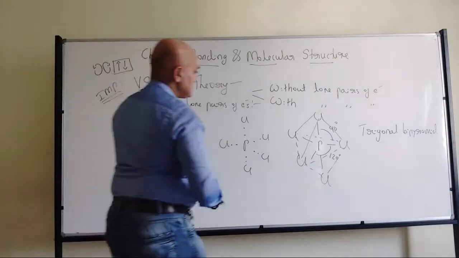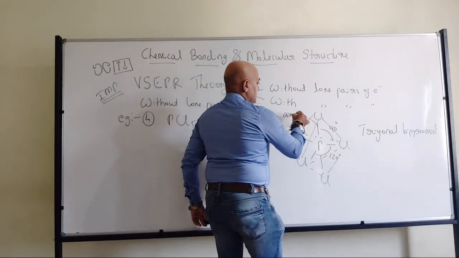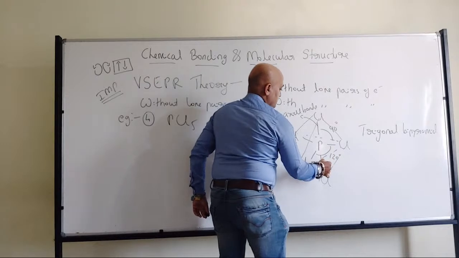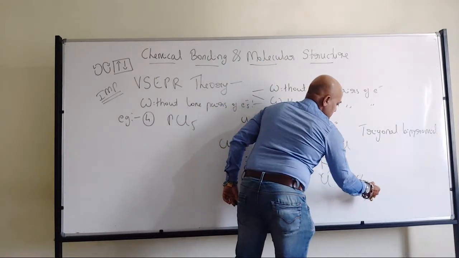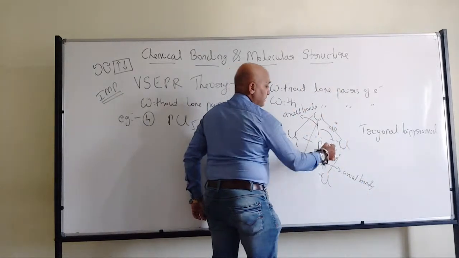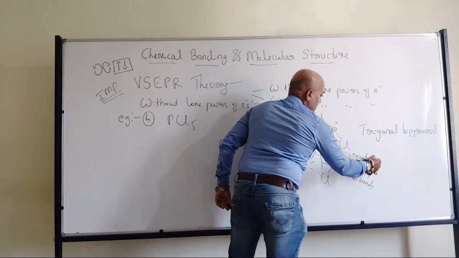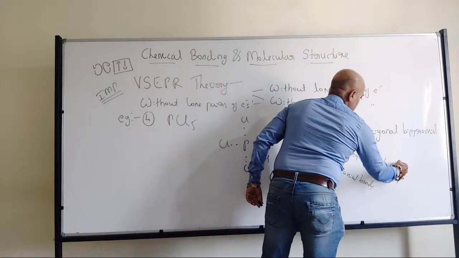The speciality here is that these two are called axial bonds, which are above and below the plane. And these three bonds are called equatorial bonds.